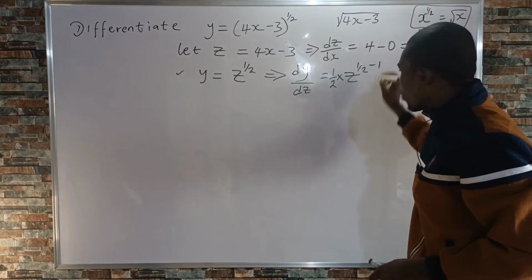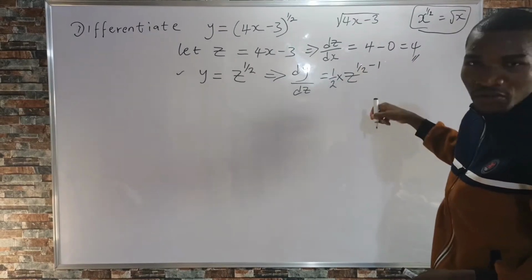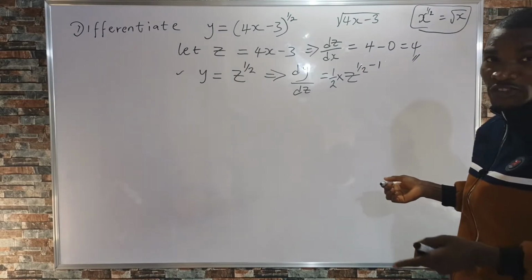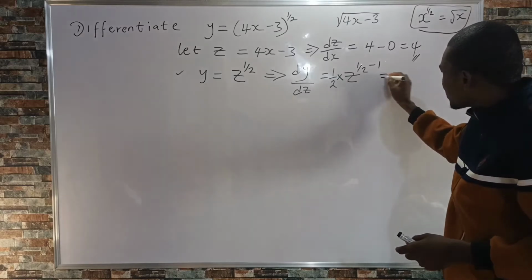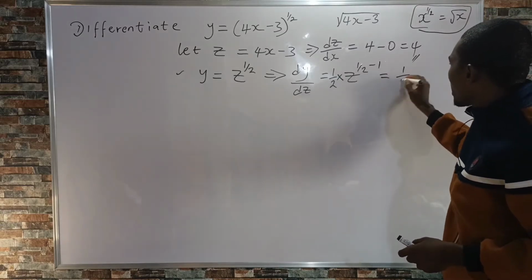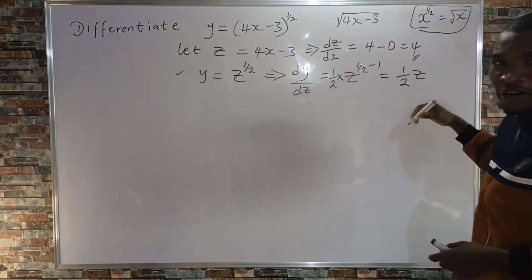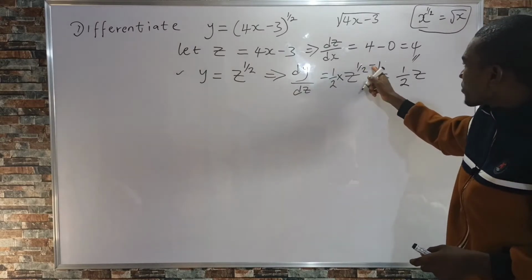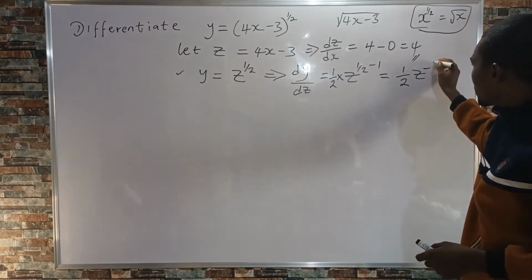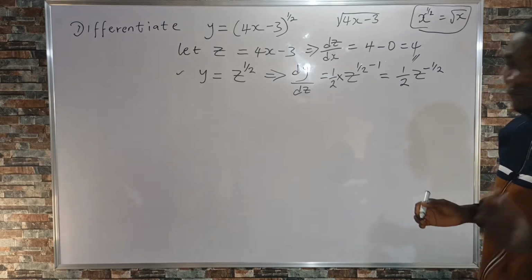Then we subtract 1 from the original power of half. That is the usual method of differentiation, right? And that is equal to half z raised to the power of half minus 1, which will still give us negative half, right?